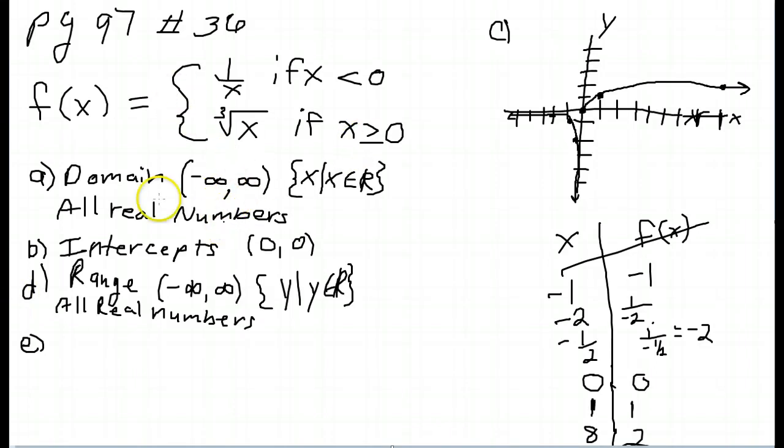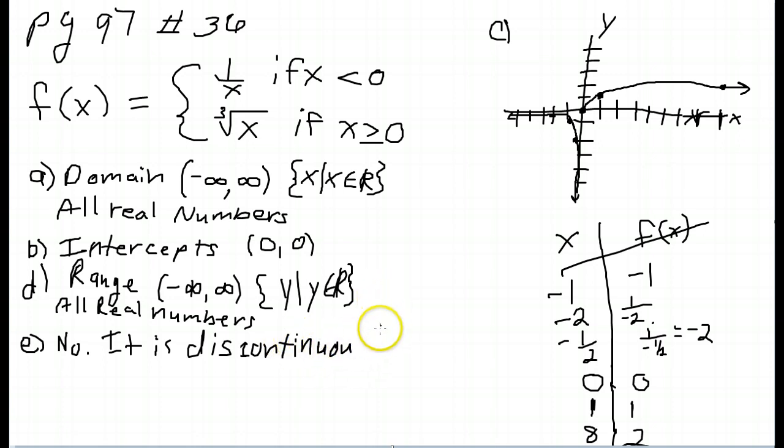And the answer is no. Okay, so I'd say no. It is discontinuous at x equals 0.